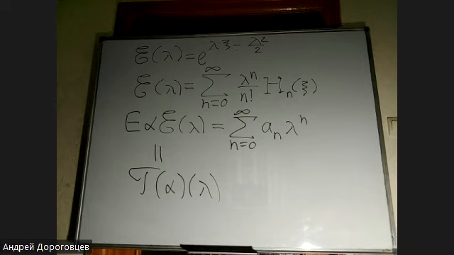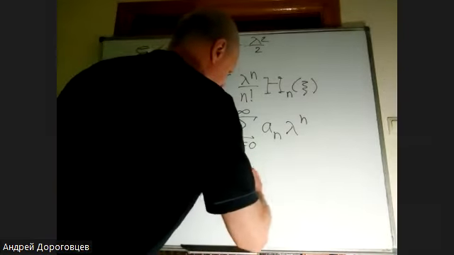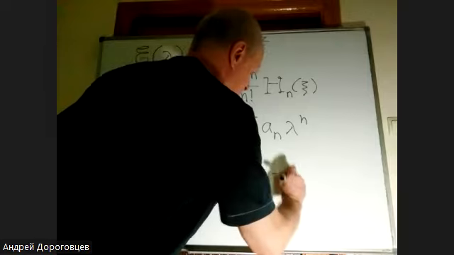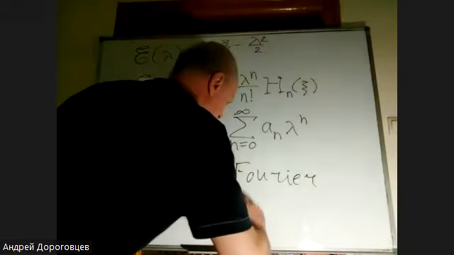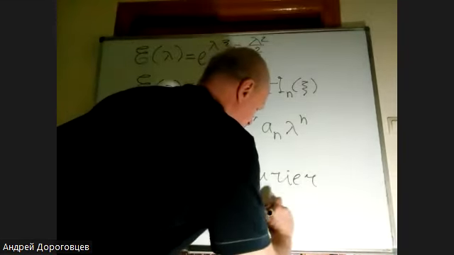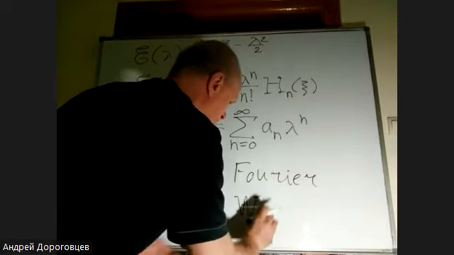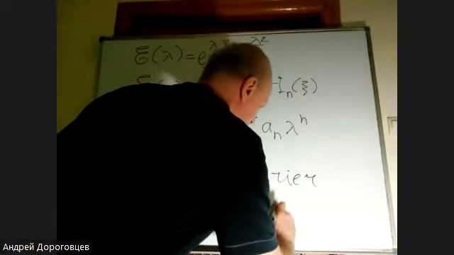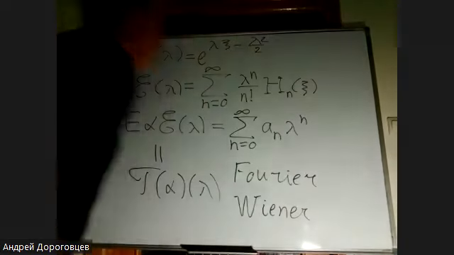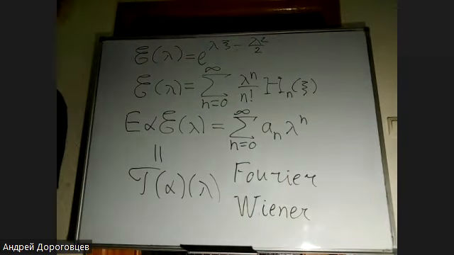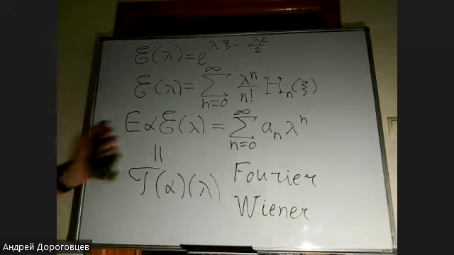And before we proceed further, let me emphasize that these two names, Fourier and Wiener, in the name of this transformation are essential.